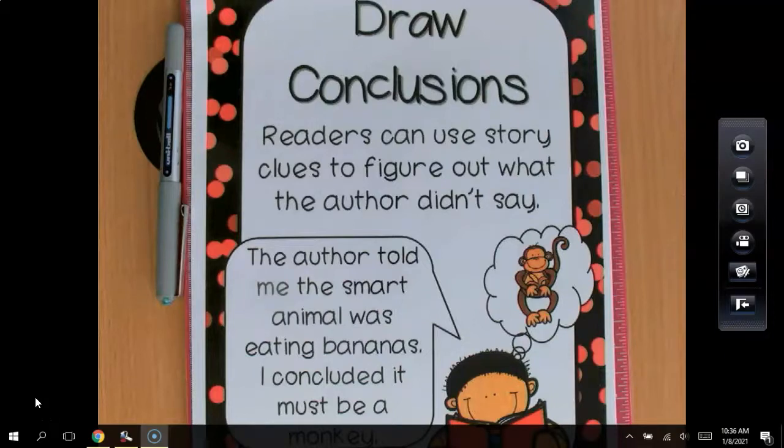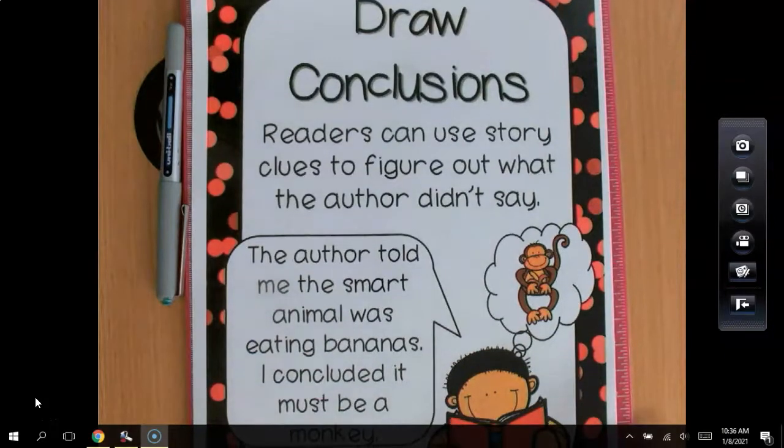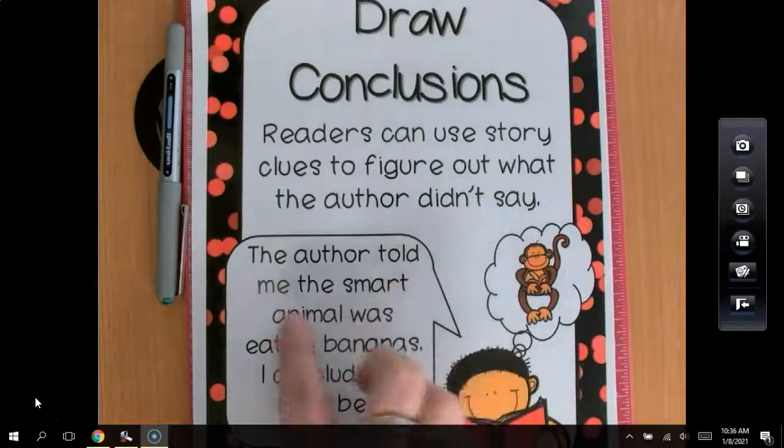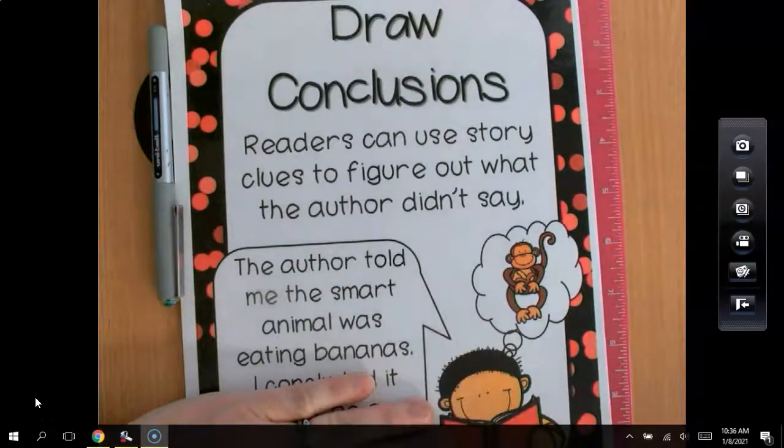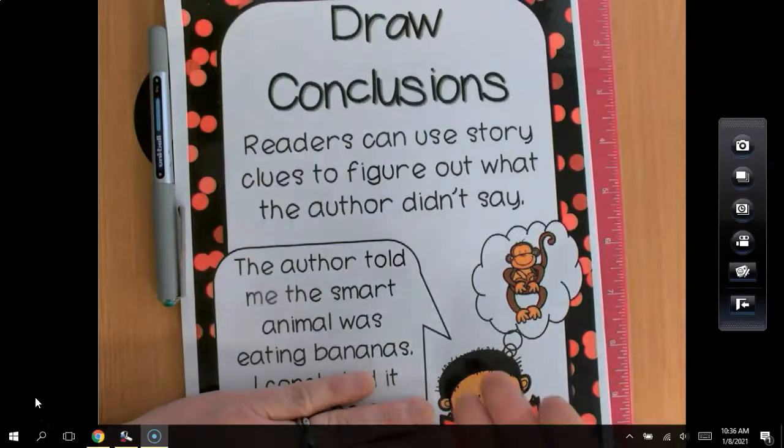So for instance, if you look at my poster, it says the author told me the smart animal was eating bananas. Well, it didn't tell us what animal they were talking about. But if I use my prior knowledge, information I already know, and some of the clues that the author told us, then I should be able to figure out what animal the author is trying to talk about.